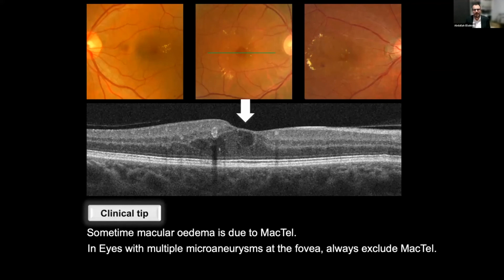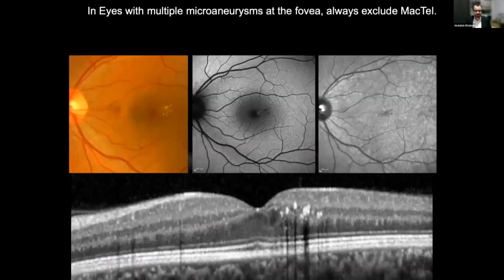So identifying macular telangiectasia compared to diabetic retinopathy is really essential. And this can be picked up if you see any patient with foveal microaneurysms only. You need to consider the diagnosis of macular telangiectasia.